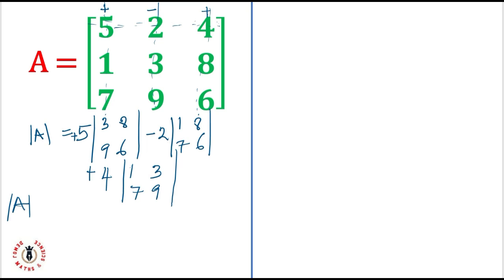Now, the determinant of A will come from, I have 5 into 3 times 6, that's 18, minus 9 times 8, that's 72. What I've done here is just the determinant of a 2 by 2 matrix.